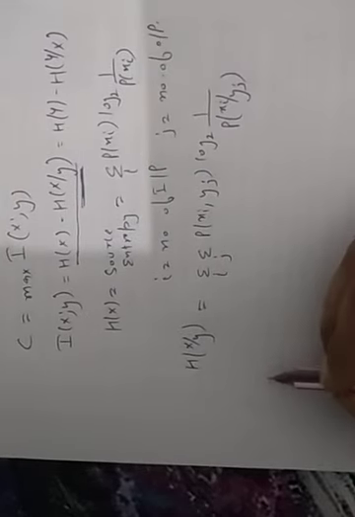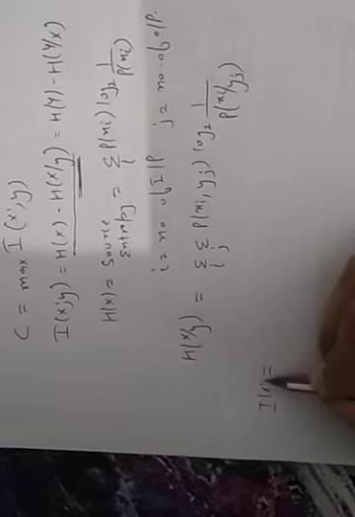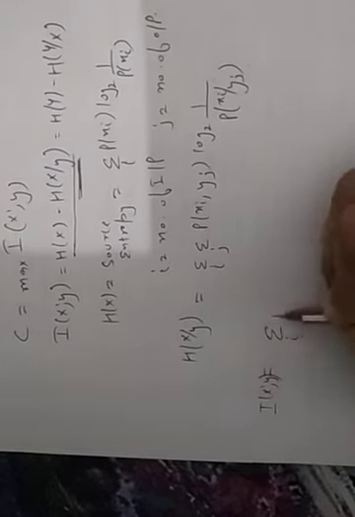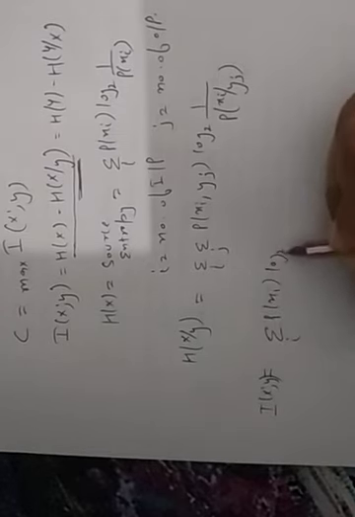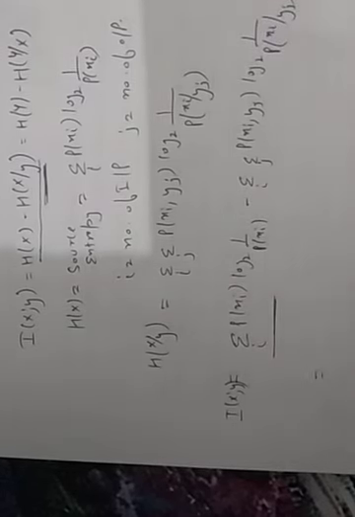Now we will put the values of both H(X) and H(X/Y) in mutual information, that is I(X;Y). So this is equal to summation over i of P(xi) log base 2 of 1 by P(xi) minus summation over i, summation over j of P(xi, yj) log base 2 of 1 by P(xi/yj). Now we can write P(xi) as summation over j of P(xi, yj), with the summation over i already there.